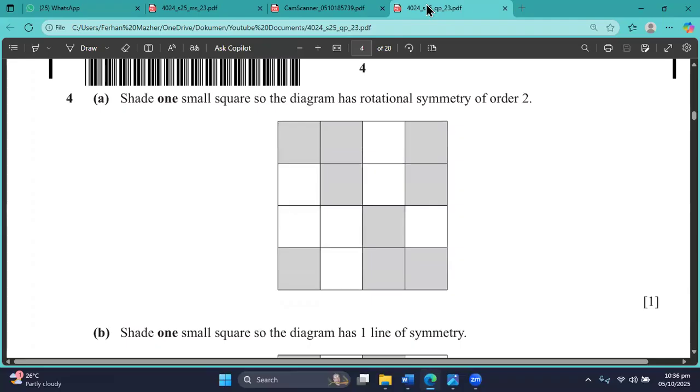Here we have question number 4. A part: shade one small square so that the diagram has rotational symmetry of order 2. Because we want order 2, you see this L, after 180-degree rotation, it will come here, and this should come here. So we will shade this.